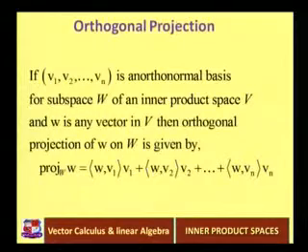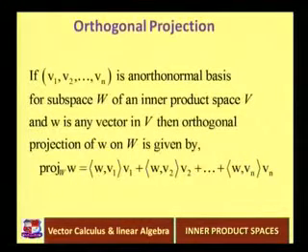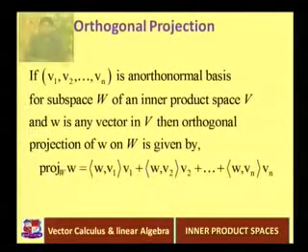Now we define orthogonal projection on a subspace. In the previous slide we defined the orthogonal projection on a particular vector. In this slide we define the orthogonal projection on a particular subspace.